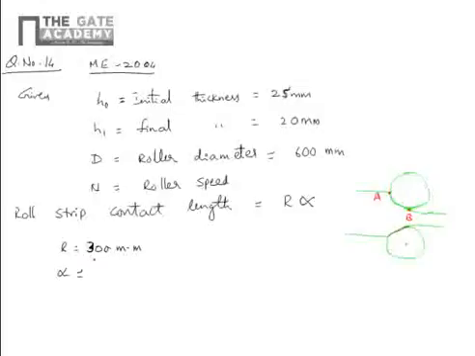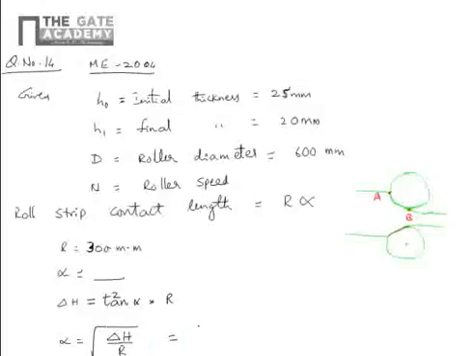There is one formula: delta h equals tan square alpha into r, with angle of bite alpha equal to tan inverse mu. So delta h equals tan square alpha into r, and alpha equals square root of delta h by r.